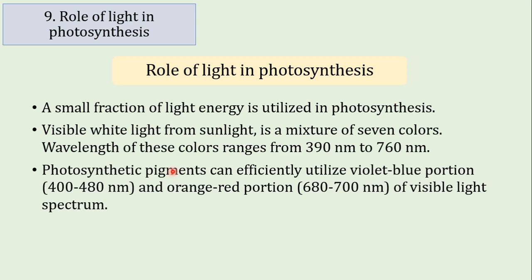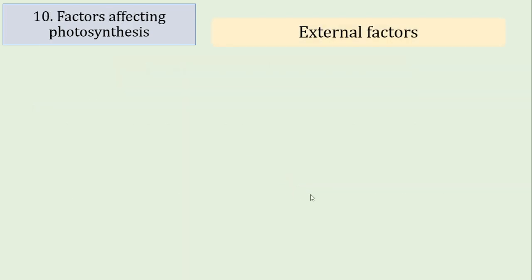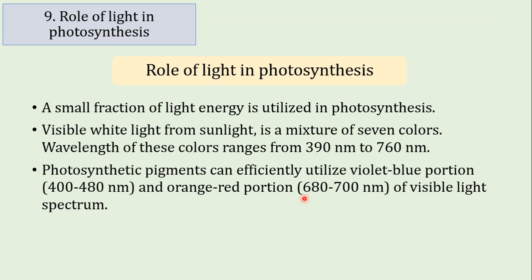So the photosynthetic pigments can utilize only the violet-blue portion and the orange-red portion of the visible light spectrum. The violet-blue portion lies between 400 to 480 nanometer wavelength, and the orange-red portion lies between 680 to 700 nanometer wavelength.